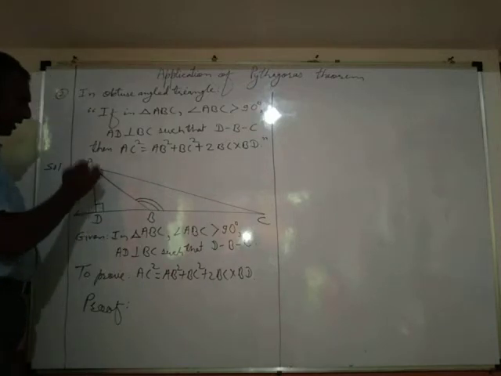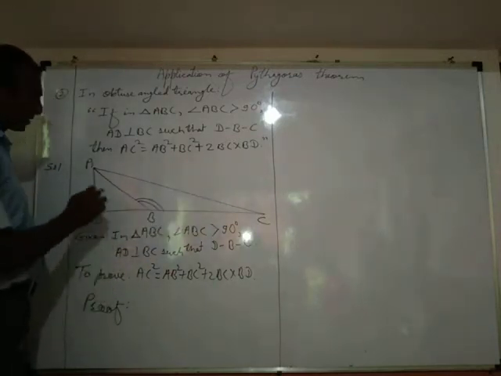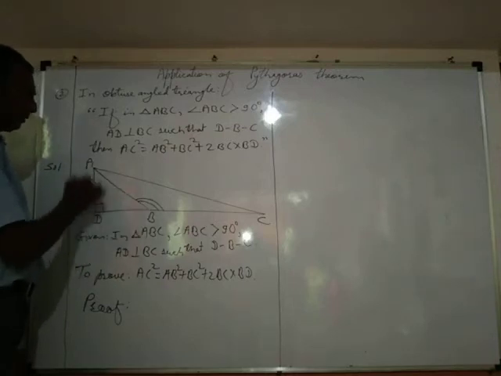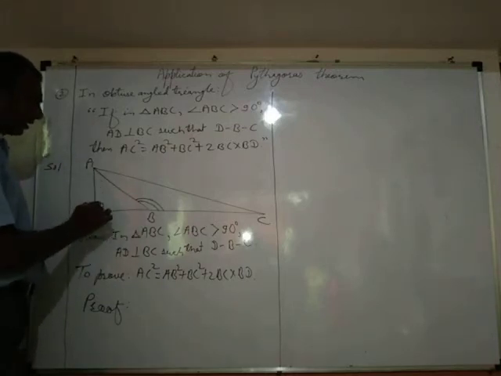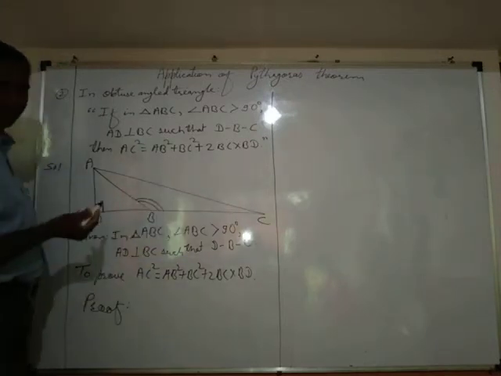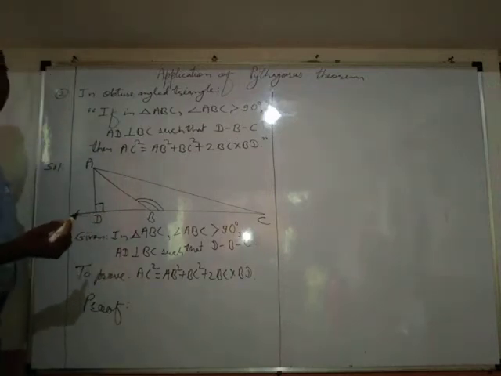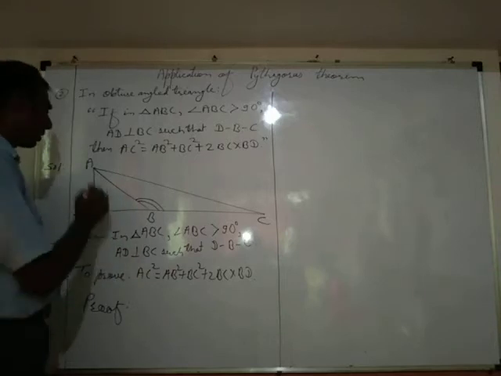Due to seg AD perpendicular line BC, we have two right angle triangles. Triangle ADB is right at vertex D and triangle ADC is also right at vertex D. That's why we can apply Pythagoras theorem to those right angled triangles. Therefore, first of all let's talk about triangle ADB.